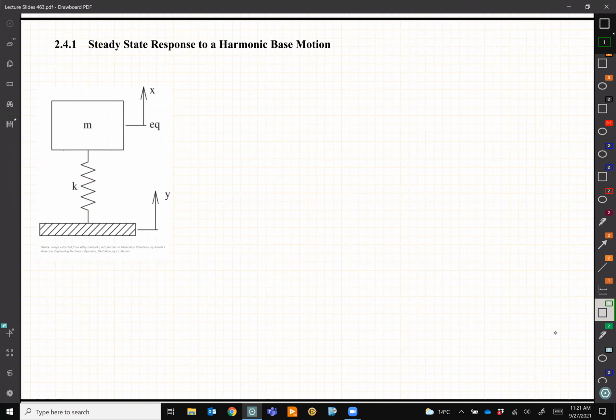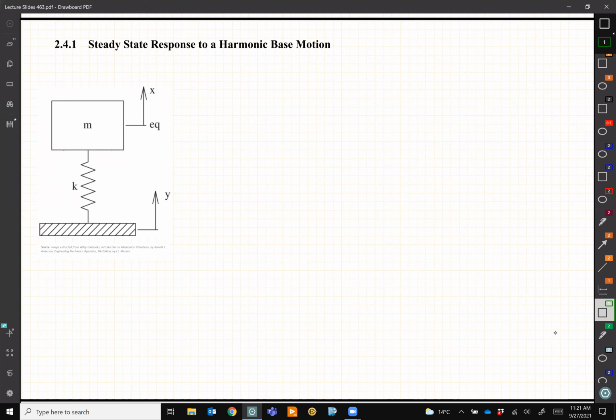Another thing that we come across in vibration a lot is the base vibration. And that is when something is exciting the base of the system. It might be, let's say, in a factory, the shop floor, because of the adjacent machineries, there is vibration on the floor. Or it might be just your car driving on a road and the vibration comes from the road.